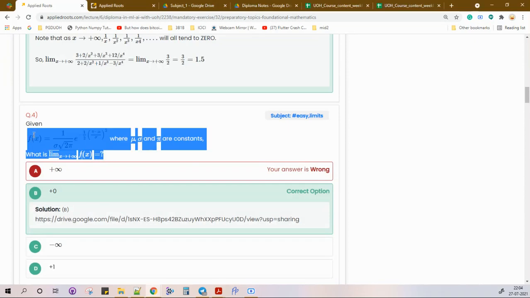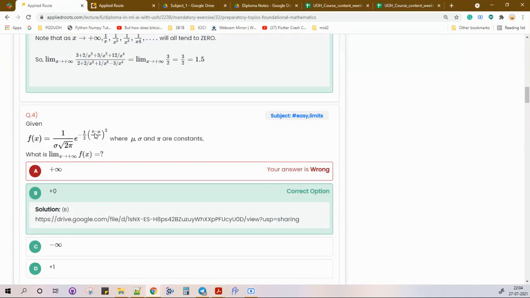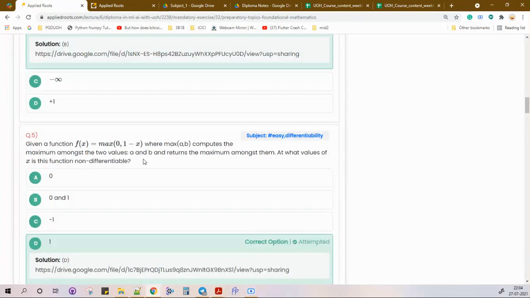We just proved it in question number 4. When x tends to infinity, it would be e to the power minus infinity, and e to the power minus infinity is 0. Correct? There is a very small probability. You can't say, okay, I won't have anyone on the earth with 1 feet height or 10 feet height, right? There is very little probability.